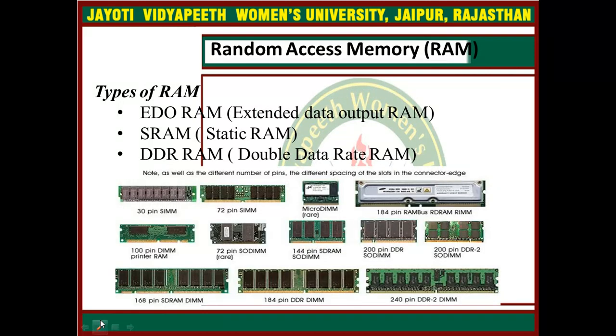The types of RAM are EDO RAM, that is extended data output RAM, SRAM, that is static RAM, and DDR RAM, meaning double data rate RAM. You can see here in this diagram, this is a 30 pin, 72 pin module. All these we can find in our laptops or desktops.